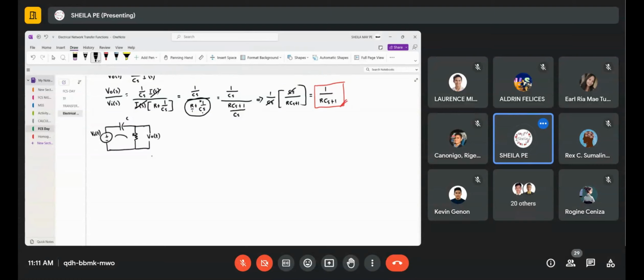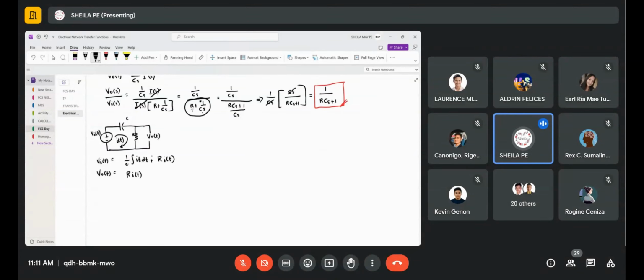You make a loop. The current flows through here. So VI of t, the input, equals our capacitor, which is 1 over C integral of i(t) dt, plus our R, which is R i(t). Okay, our output across the resistor is just R i(t).